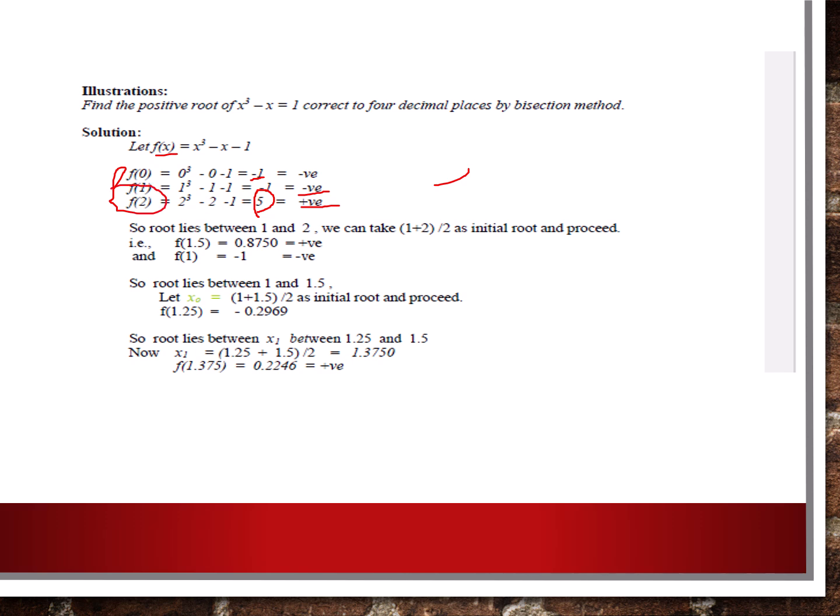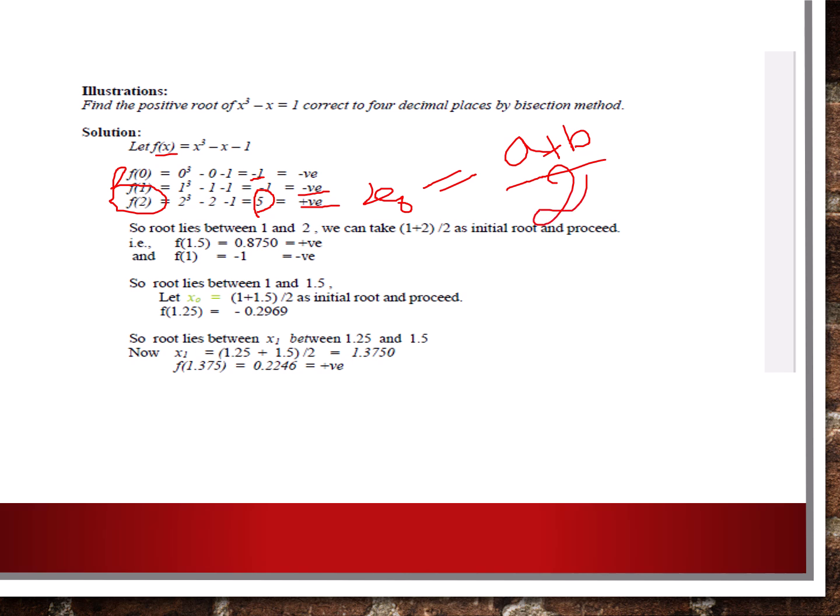We take the value of x0. The formula for x0 equal to a plus b divided by 2.